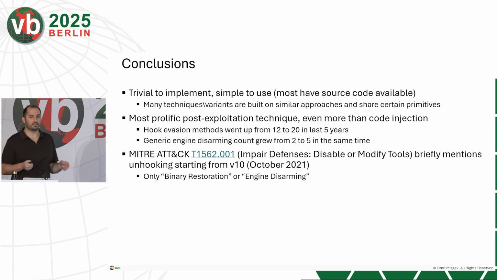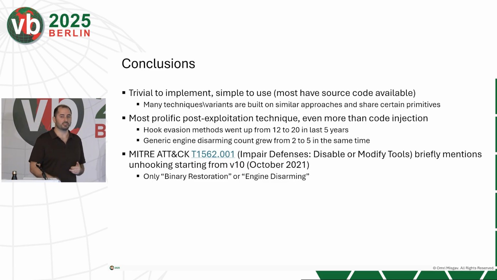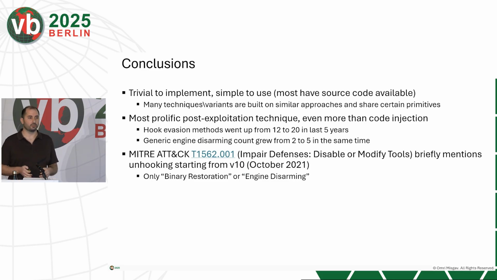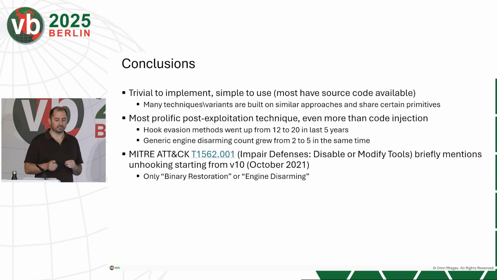If you wondered why I didn't mention MITRE ATT&CK so far, the content in the ATT&CK framework regarding this is very, very minimal. It only mentions this entire topic in a single paragraph and only references the unhooking or engine disarming portions of it.